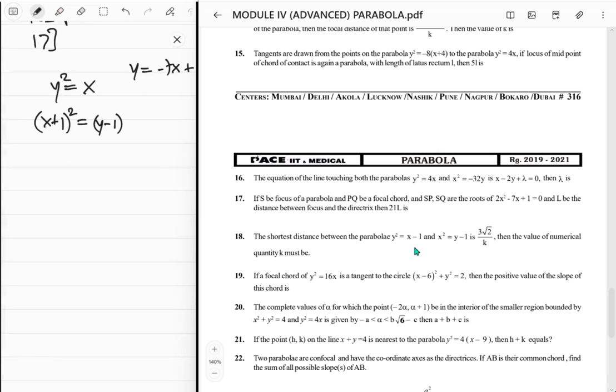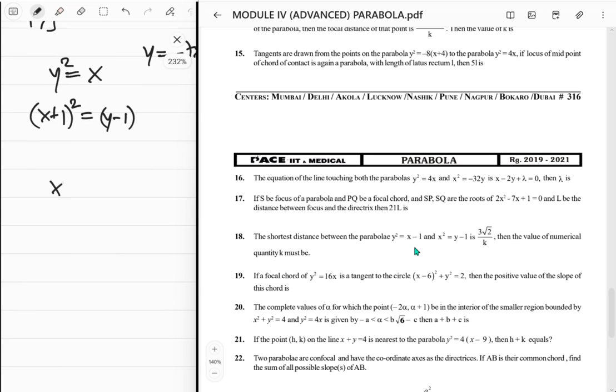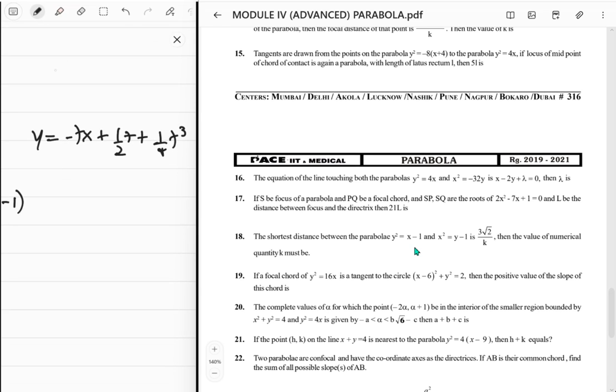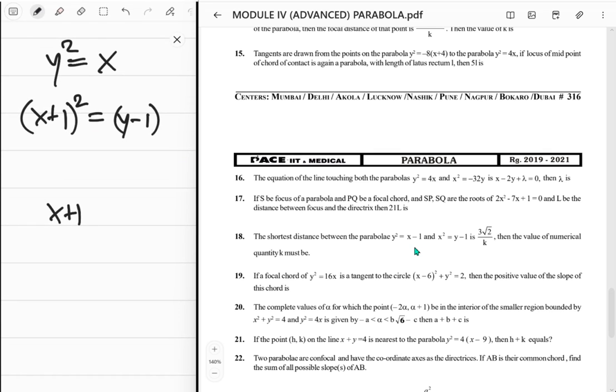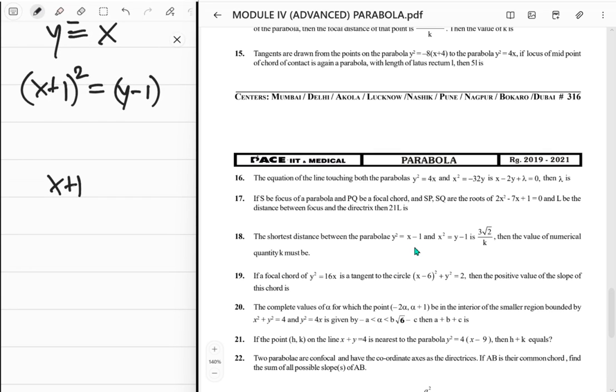So x plus 1. Oh, just use the slope instead. So y equal to mx minus m upon 2 minus m cube upon 4, right? That's this guy's normal. This guy's normal is going to be different. x plus 1, so y equal to, once again just negative tx and all that stuff, right?